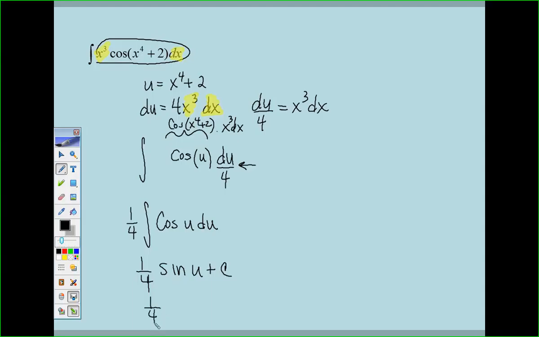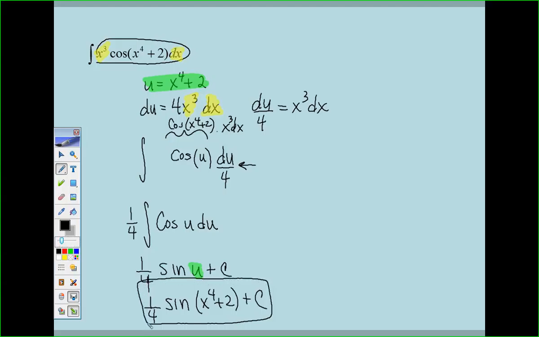Now we need to get our u back into terms of x. So we look back here at the relationship we built. We said u equals x to the fourth plus 2. So we're going to replace u with x to the fourth plus 2. And now we're back into terms of x, and we have our antiderivative.